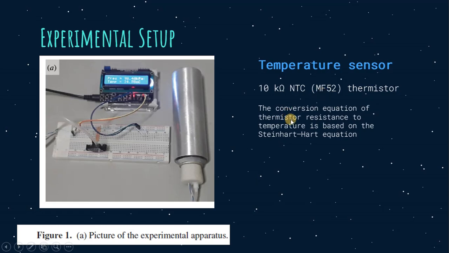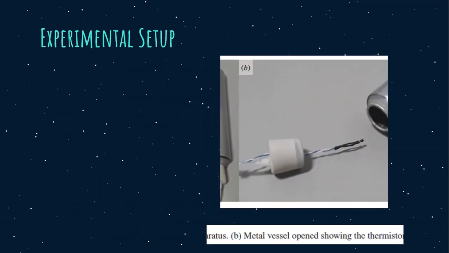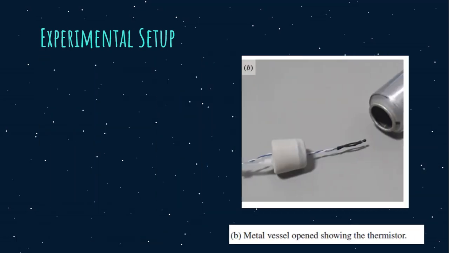With the manuals that they use, the conversion equation of the thermistor resistance to temperature is based on this specific equation. You can program different types of equations depending on what you use, because here they're using a gas. And the next sensor is the pressure sensor.